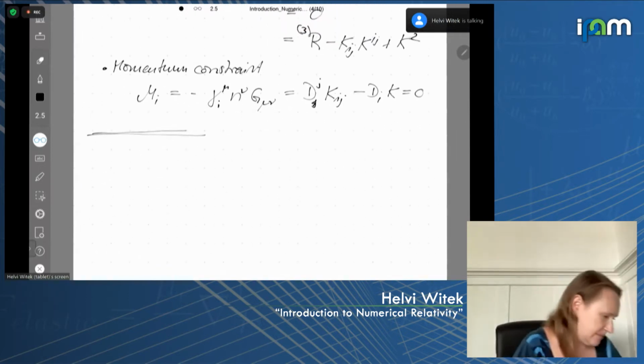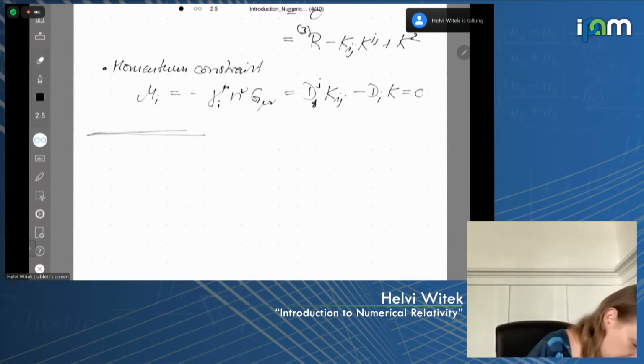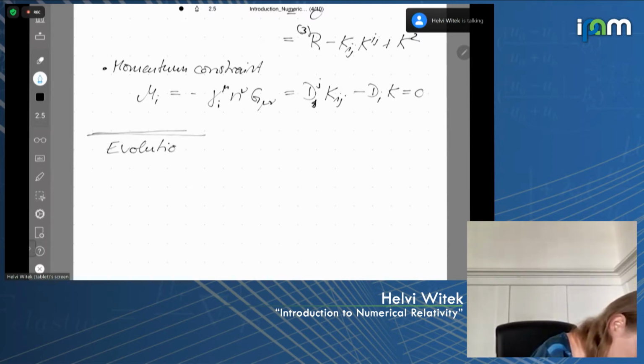So to get the evolution equations, as I said, we will project our field equations. In this case, we just have our Einstein tensor, and let me just relabel those to have mu and nu as our free indices.